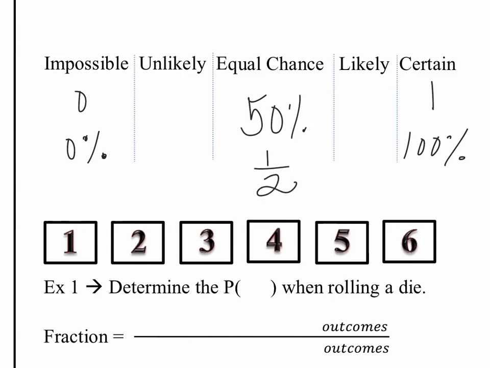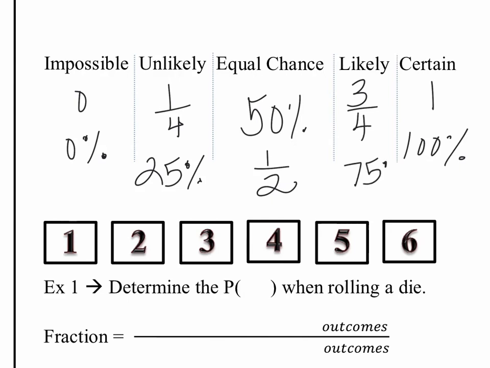Unlikely, we refer to as possibly a fourth, or could be another fraction, 25%. And likely to happen, that is correct, 3/4, which would be 75%. Notice, knowing your fraction decimal percent equivalents will be handy here. These are percents and fractions labeled.